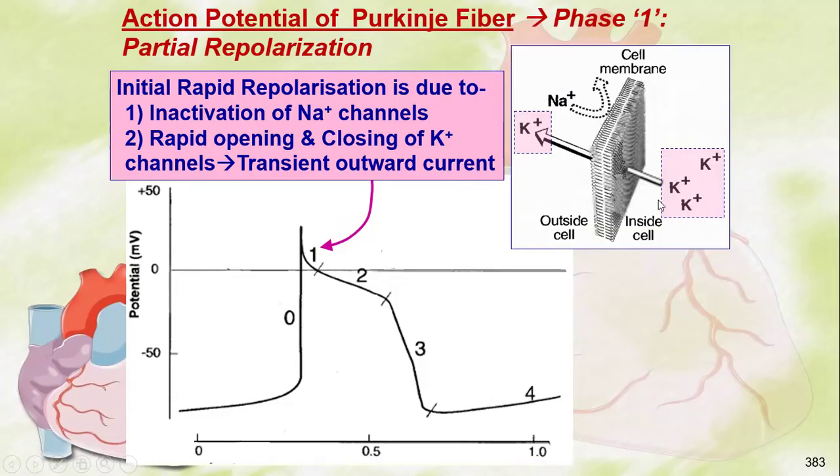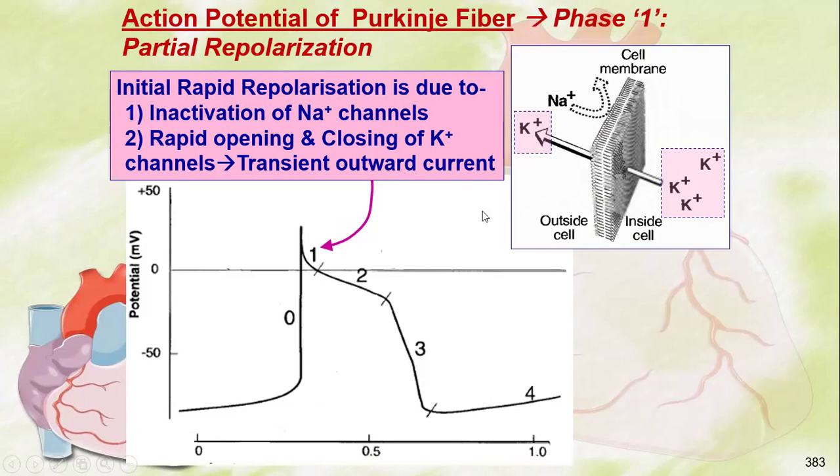Due to this reason, even though potassium has a positive charge, there is a decrease in the action potential. Your action potential is going towards the lower side. And why is it happening? Because ultimately your cell is losing cations. Your cells are losing positive charge because potassium is moving from inside to outside.